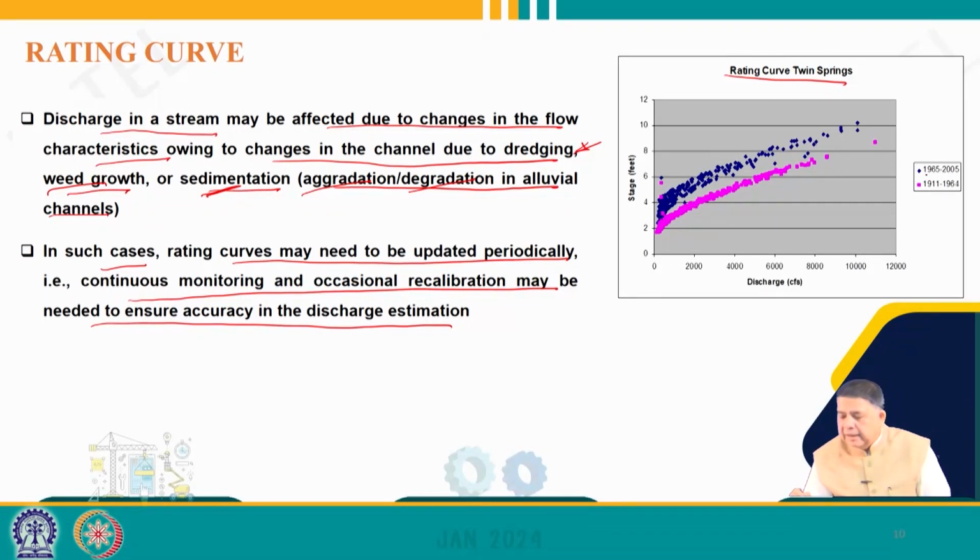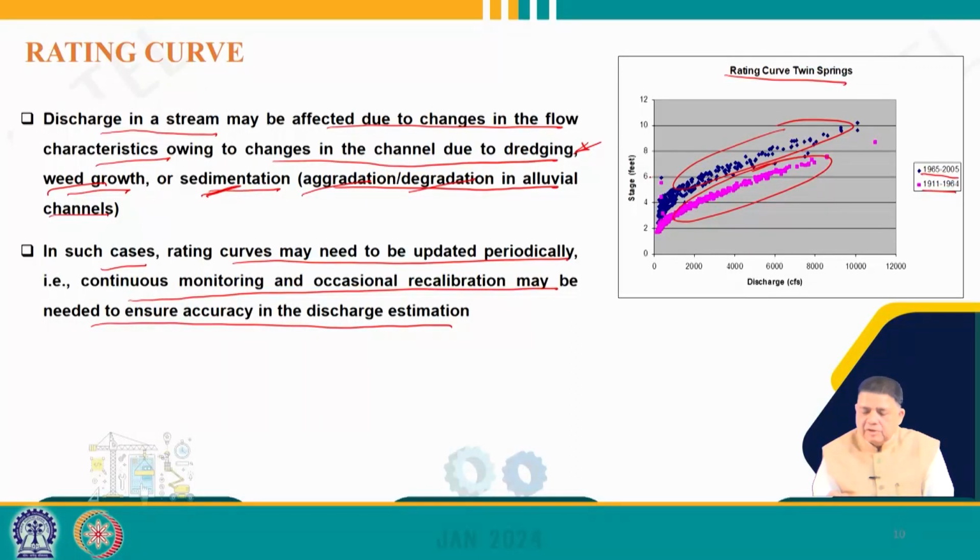So, between 1965 and 2005, this is the blue color, wherein between 1911 and 1964 the pink color. So, as you can see here, there is a change in stage level relation. So, if you continue to use the same old rating curve, so for same stage you will be getting a very different flow.